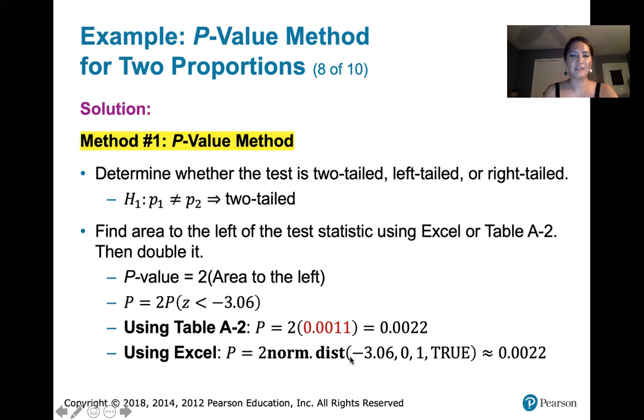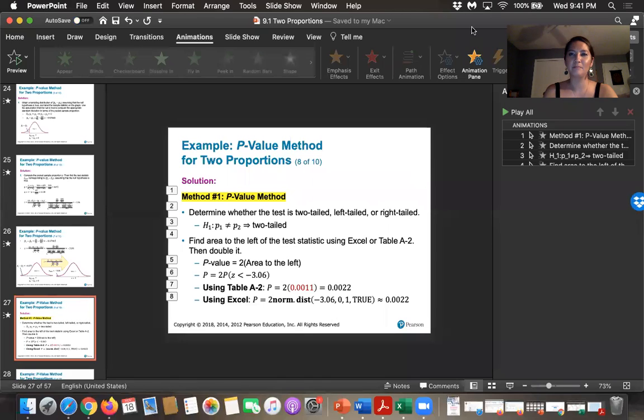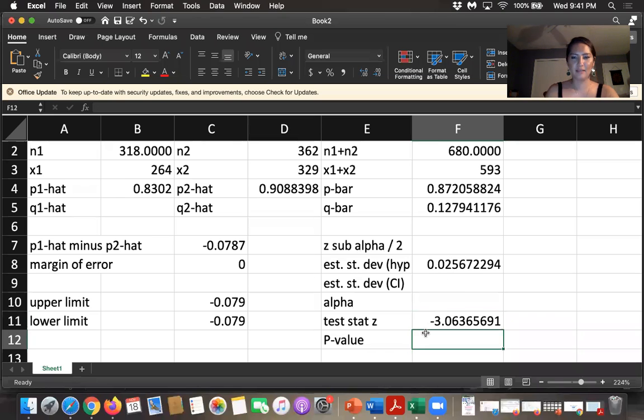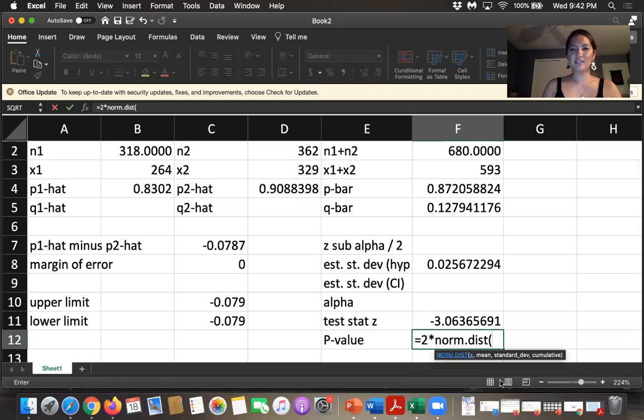I'm just going to type in this function here. Okay, so you go to the p-value, which I've already labeled here. I'll say 2 times norm.dist, open parentheses, and then I want the test statistic, and I've actually calculated it right there. So I'll use that rather than my approximation. The mean of the standard normal distribution is 0.